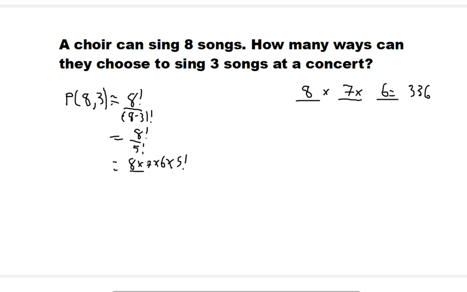We now have a 5 factorial in both the numerator and the denominator. We can divide out those 5 factorials, and when we do that, we're just left with 8 times 7 times 6. And again, your calculator will do this as well, so you can plug in and check to make sure that you get the same answer with your calculator. So that's an introduction to factorials and permutations, just to give you a general sense of what's going on.